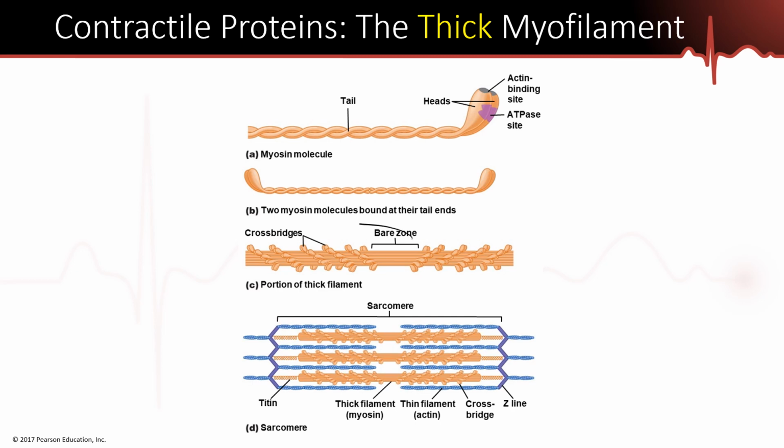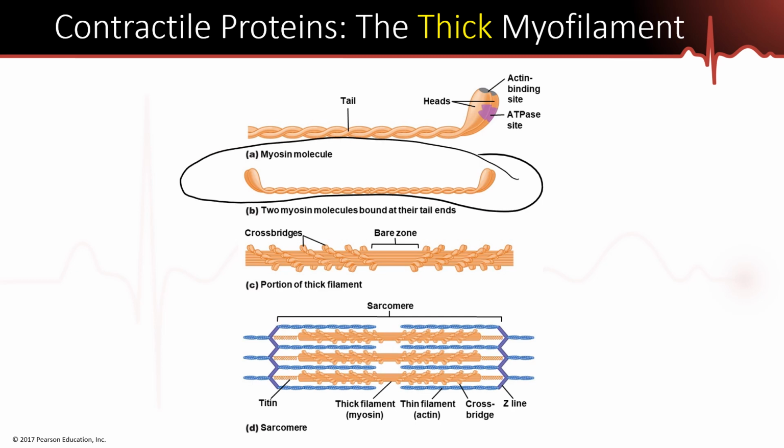Here is a myosin filament. What the myosin filament is actually made up of, again, are a whole bunch of myosin proteins, which are right here. Now, it takes a different course to get into the whole explanation of a myosin protein, but we can go through the basics of it.